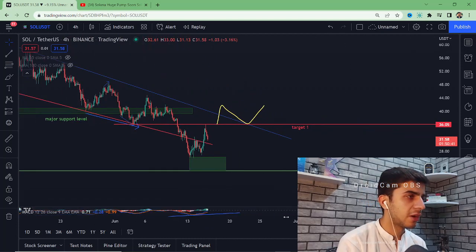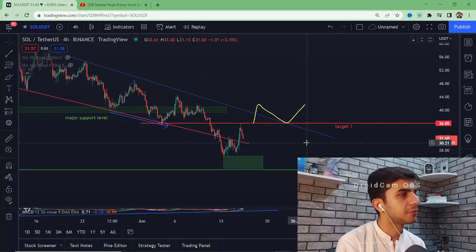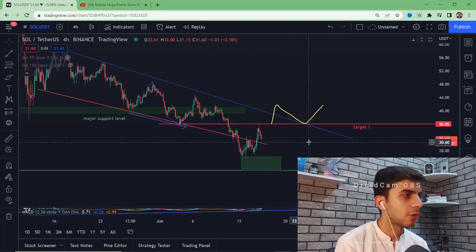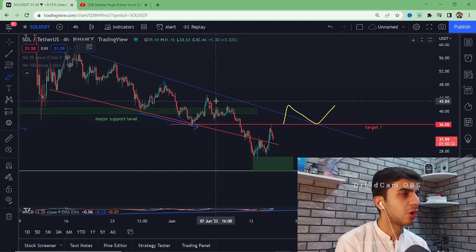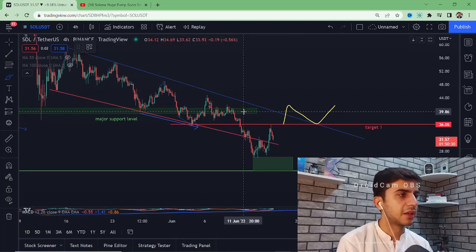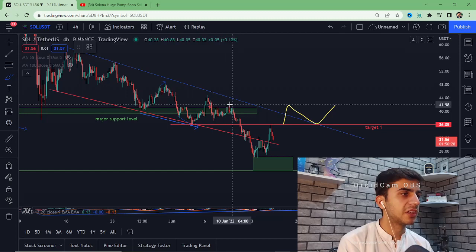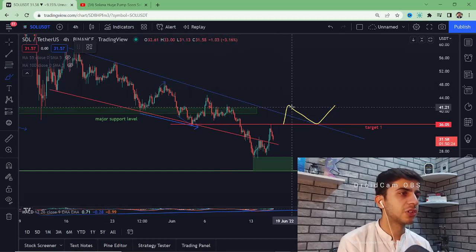Okay, and talking about the other scenario, let's talk about the structure first. You see that this was our higher high. We want to close above this somehow. So this is our only option: we can create a double top, or we just close above this one.